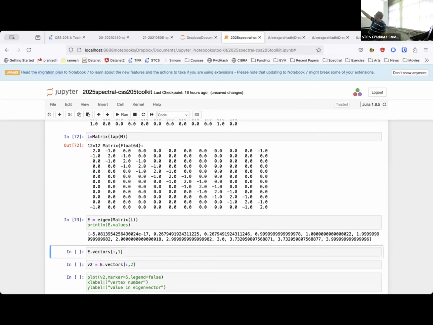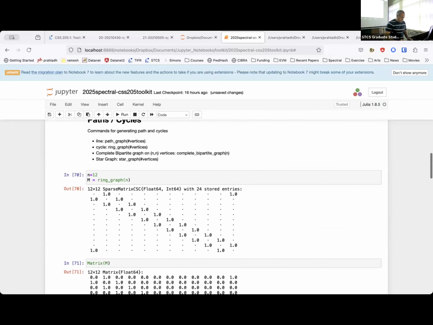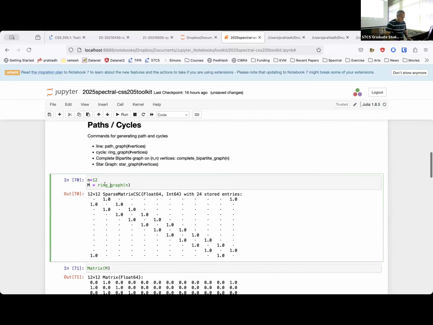Notice that's a 12 by 12 matrix, and it does have all 12 eigenvalues. There are 12 numbers over here. One thing to notice, which we'll see shortly: look at the smallest eigenvalue of the Laplacian. What is it? It's essentially 0. It's an extremely small quantity. This is something we'll notice whichever graph we put in, and we'll see this shortly.